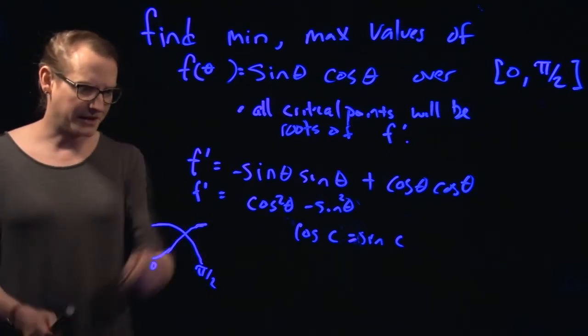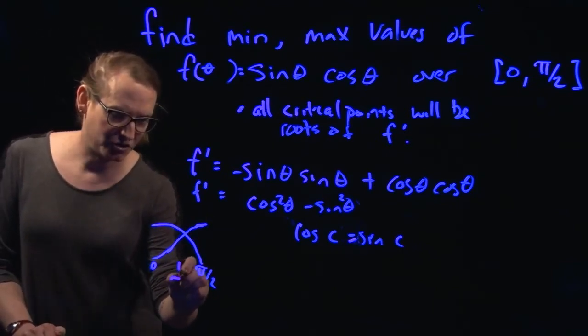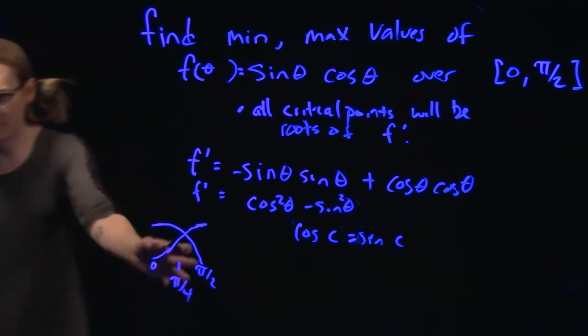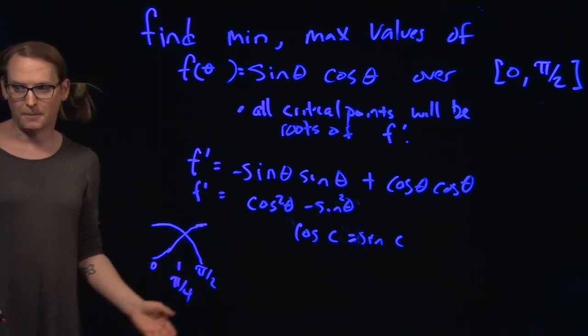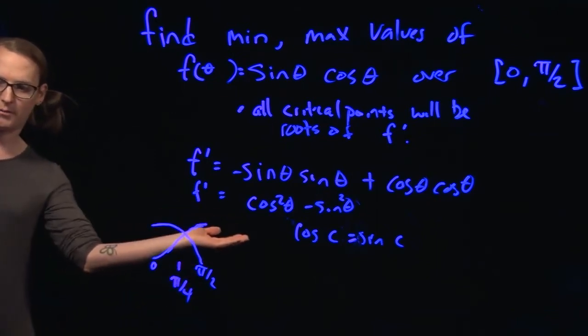And if we look at this diagram right here, I think it's pretty clear that value should be at pi over 4. My diagram is not perfect here because it should be exactly in the center. So let's think about the unit circle.